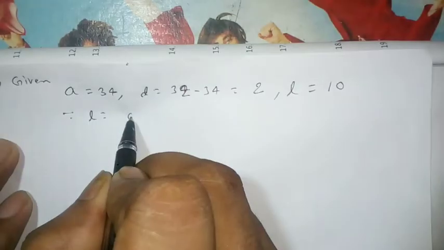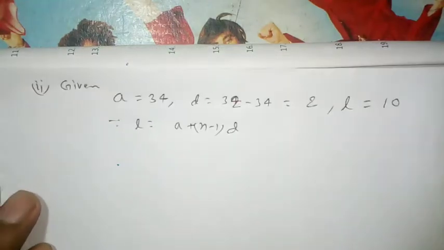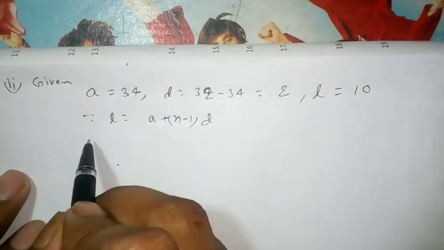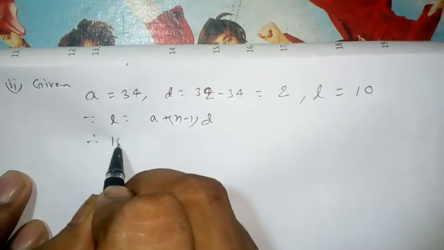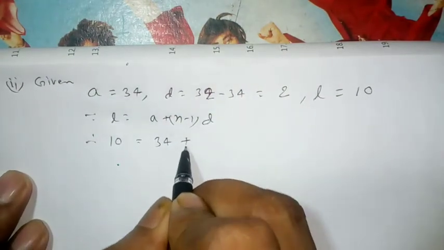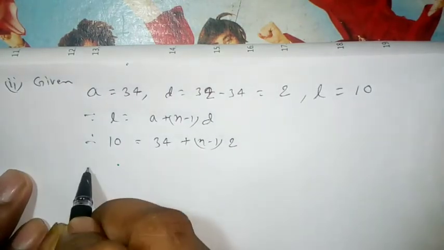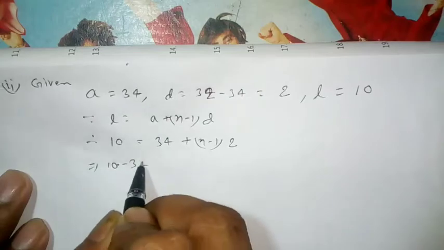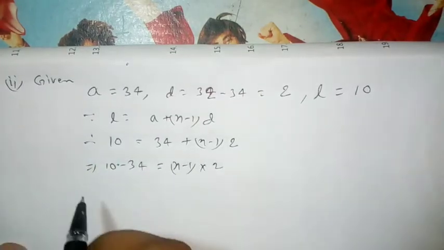Because l is equal to a plus n minus 1 into d, therefore 10 is equal to 34 plus n minus 1 into minus 2, implies 10 minus 34 is equal to n minus 1 into minus 2.